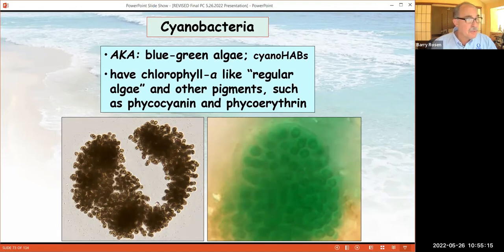So keep in mind when you're looking at a water body, they're not going to all be this blue-green color. So this array of pigments, what's it for? Well, it helps capture wavelengths of sunlight above and beyond what chlorophyll A can capture. So it picks up that full spectrum of light down into the reds and into the shorter wavelengths and makes them a very efficient organism at capturing sunlight. It's just part of their strategy of being so good at surviving in our water bodies. Next slide.